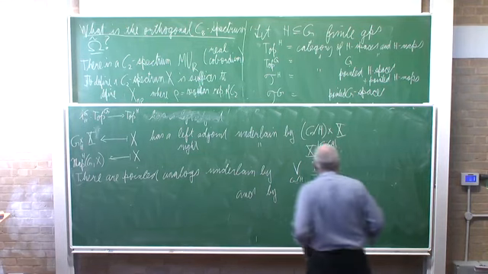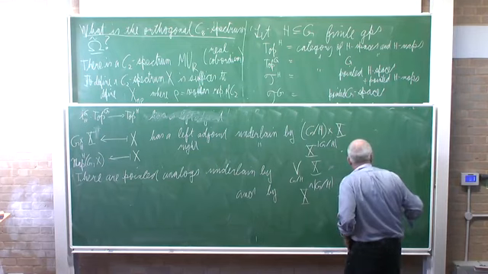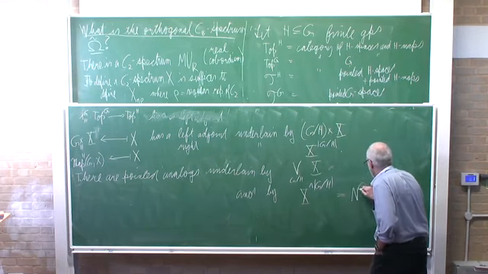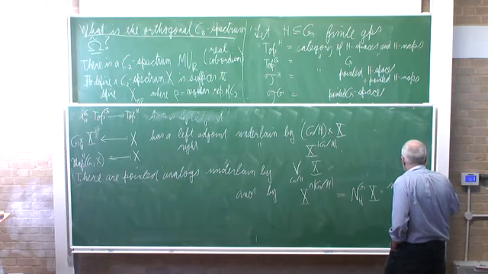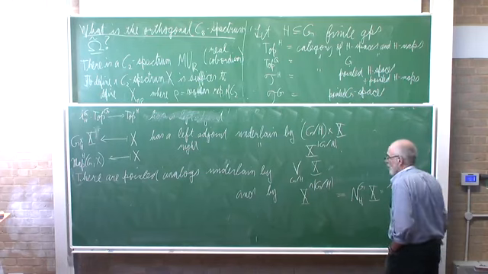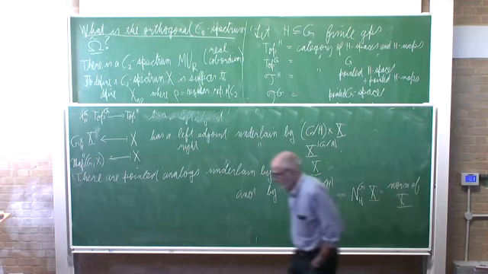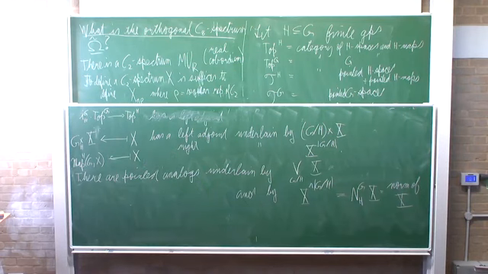And this guy has another name. I'm going to call this the norm of X. Okay, so the norm is something you can do to a pointed H space and get a pointed G space, where G is a supergroup of H.